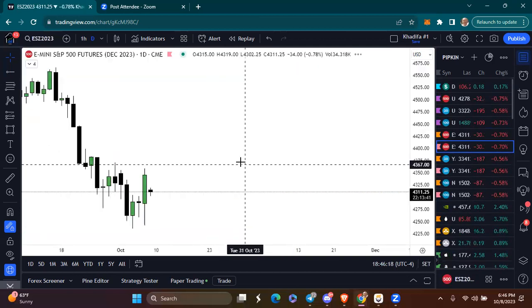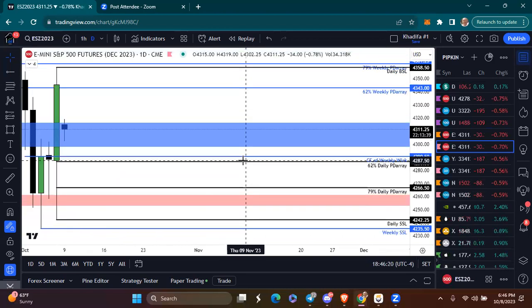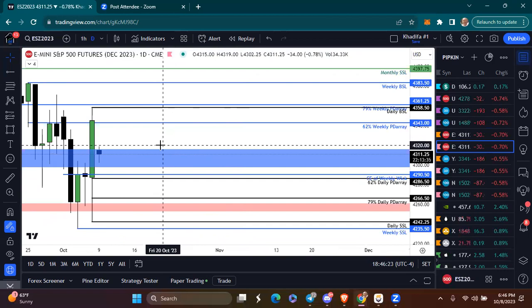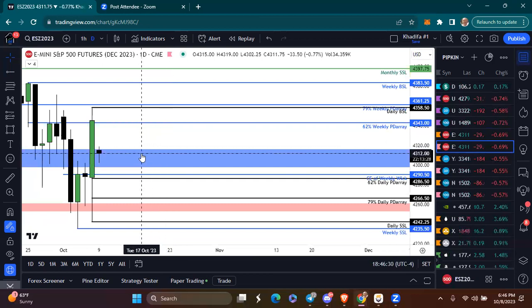So moving forward to futures, looking at E-mini S&P 500, I would like to see us open up the week and continue higher, right?